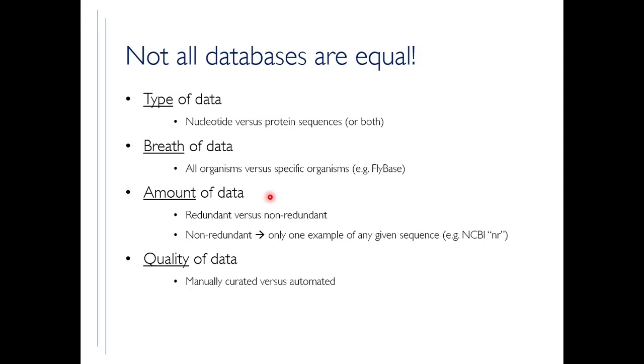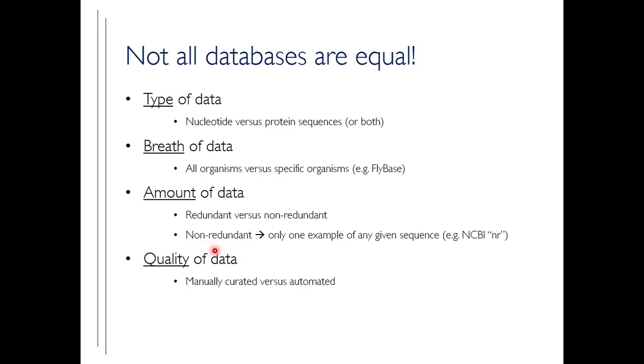There's also a difference between redundant and non-redundant databases in terms of the quality of the data that's produced. So redundant databases, where you have more than one representation of any given sequence, often tend to be automated. And what we mean by automated is that it's a computerized system that has dealt with that information, putting it onto and storing it on the database.